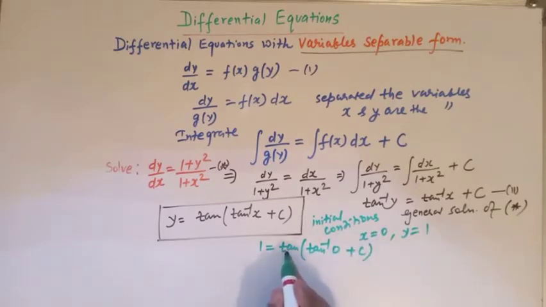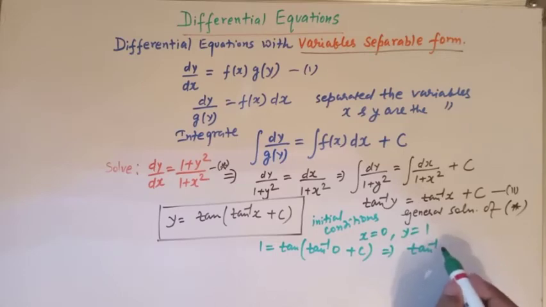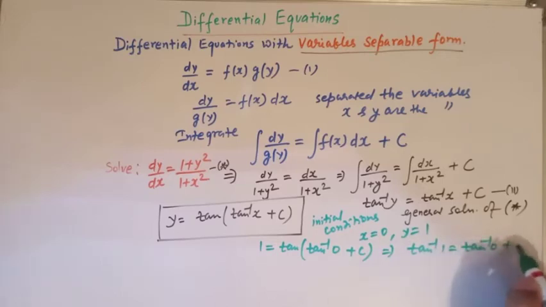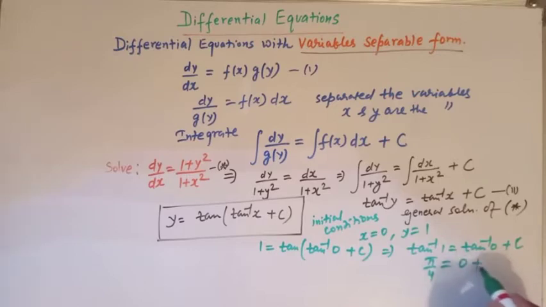Now viewers, we can take tan to this side, so we have tan inverse of 1 is equal to tan inverse of 0 plus c. Clear? Now tan inverse of 1 is pi by 4 and tan inverse of 0 is 0 plus c, and this is c. So the value of the constant is pi by 4.